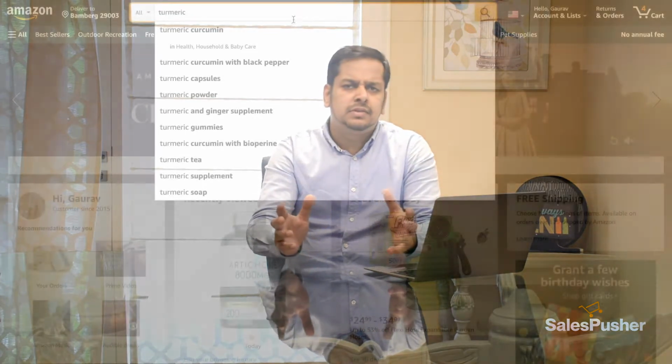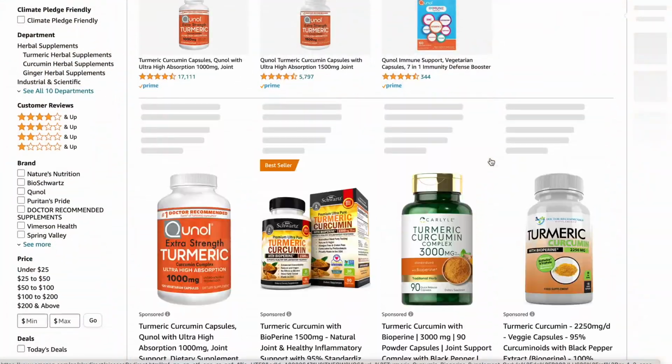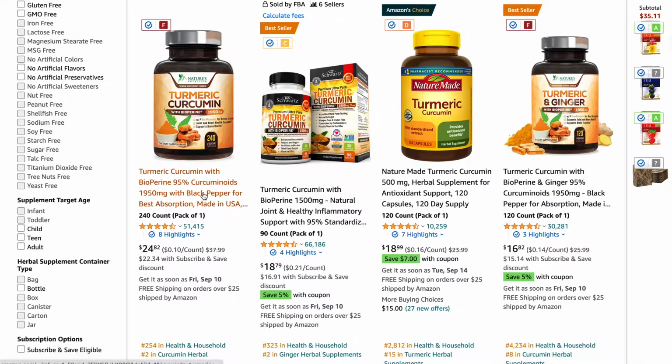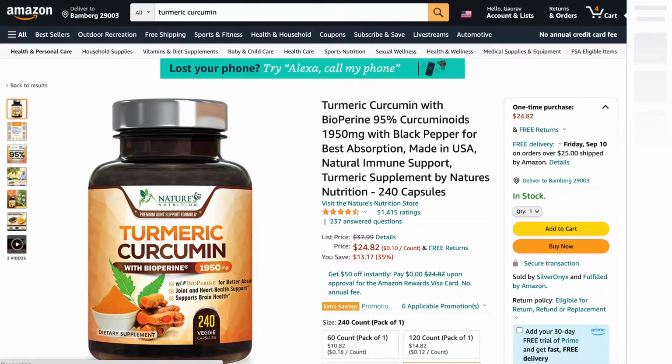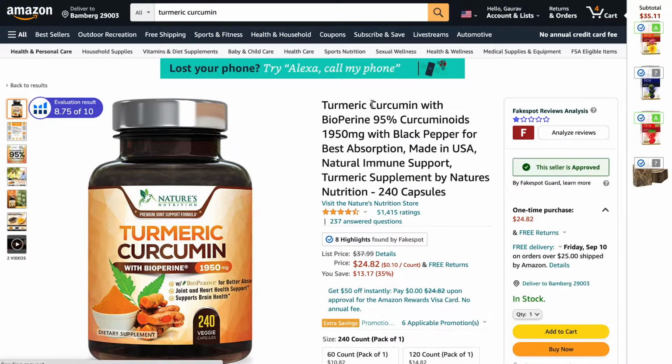You just choose your keywords very well, and for that you can look around at your competitors' keywords, because Amazon doesn't know anything about your product. The only way Amazon will know is from the keywords, and from the internet they will understand that someone is searching for this type of keyword and buying this product.